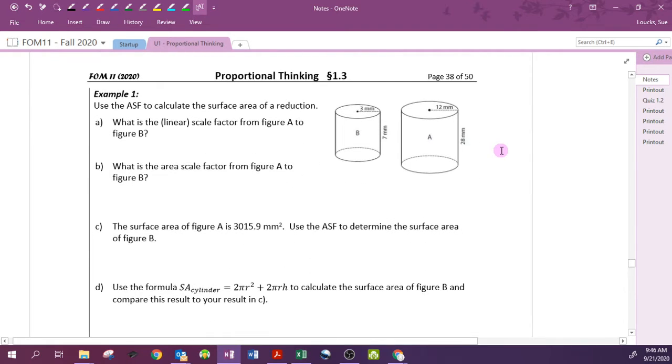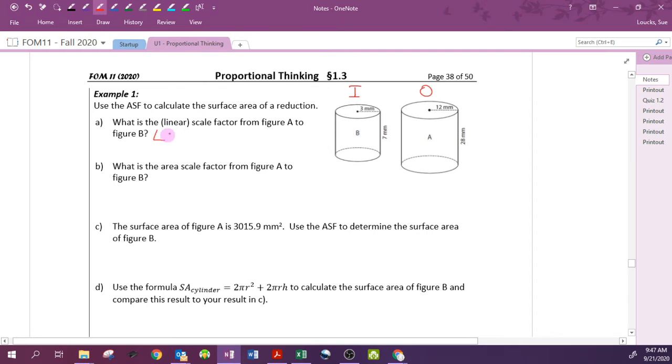Okay, let's do a couple of examples. Use the area scale factor to calculate the surface area of a reduction. All right, so what is the linear scale factor from figure A to figure B? Figure A is the original and figure B is the image.